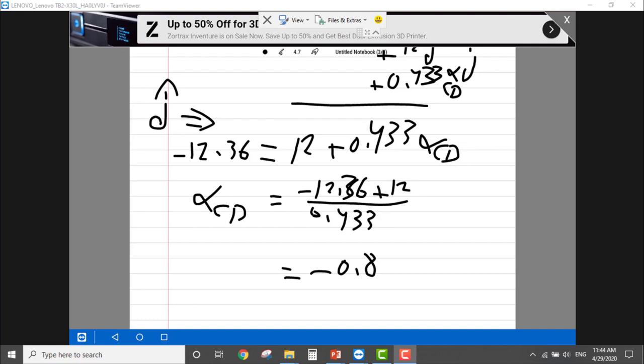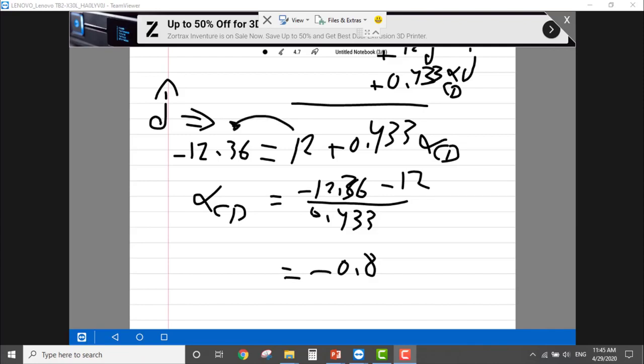There's something wrong here with the minus sign, so I will edit it. Here we have minus 12, so if I transfer this one to the other side, it will be minus.